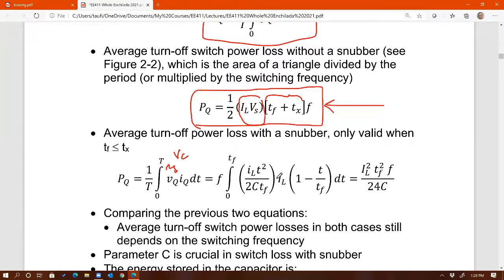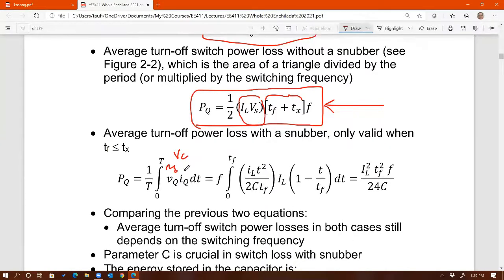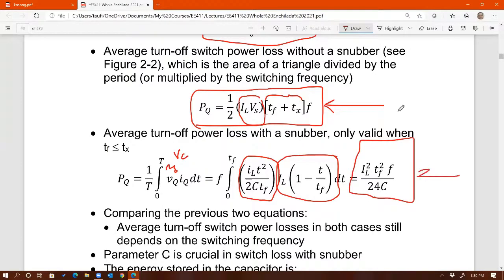Go ahead and plug in those values, with the range from 0 to TF. You can see they are not linear equations, and you have to carry out the integral from 0 to TF, because that's the condition we have: TF has to be less than TX. Times F, and you get this equation right here at the end. See that? This is before, this is after.